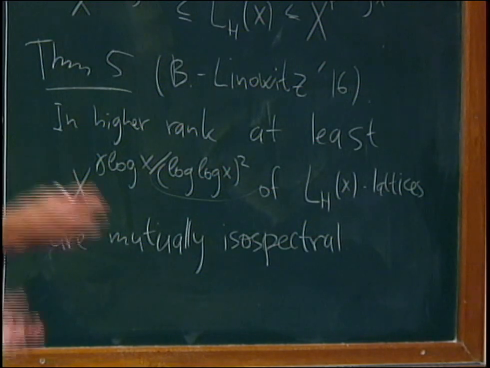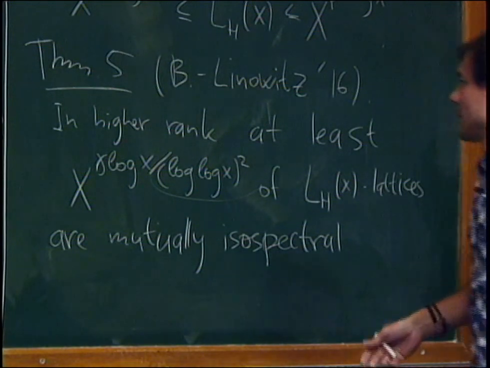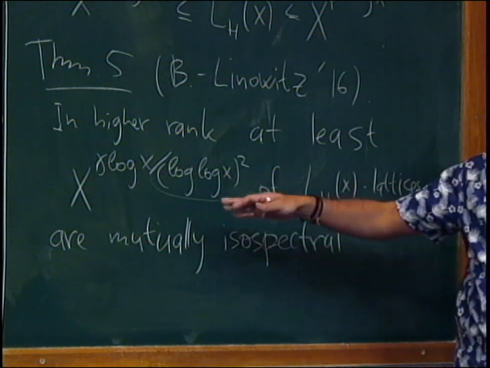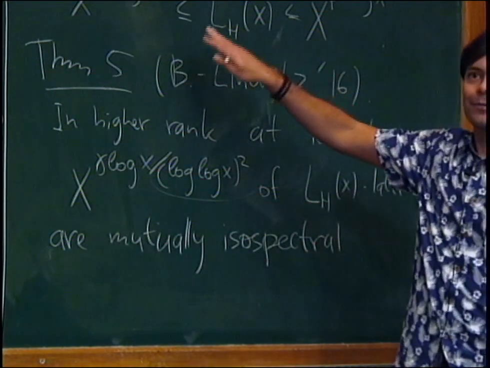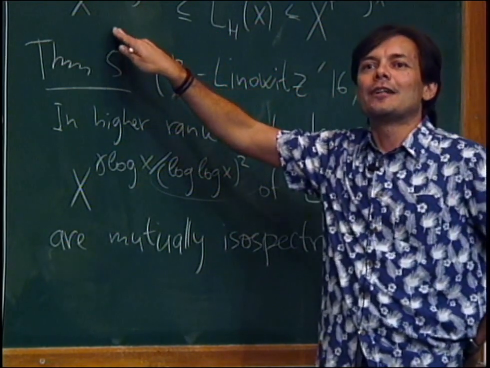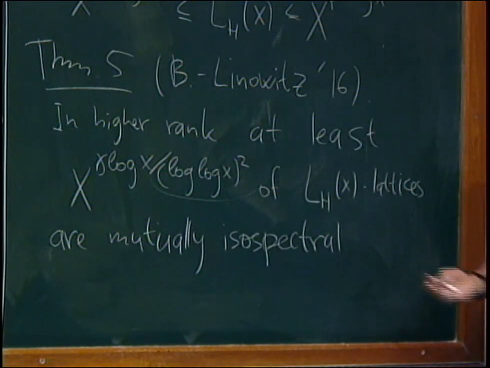So of course, later there were many examples of isospectral surfaces produced, and also higher dimensional manifolds. But what we observe in the high rank case is that the number of isospectral ones grows, asymptotically, as fast. It has the same growth type as the total number of manifolds. So, too many of them are isospectral.